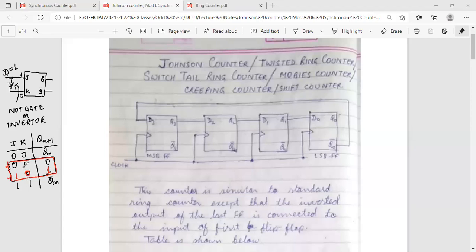So now we can draw the truth table for the D flip-flop.